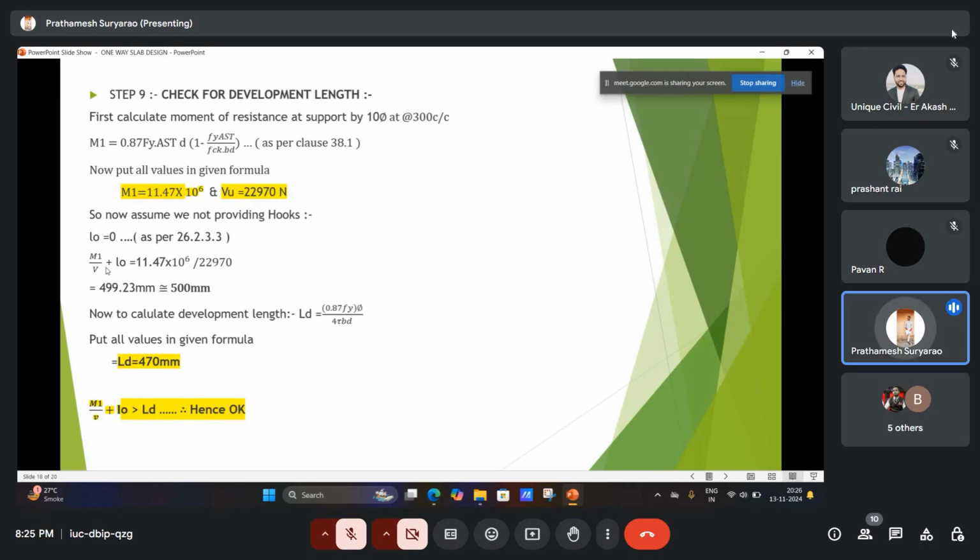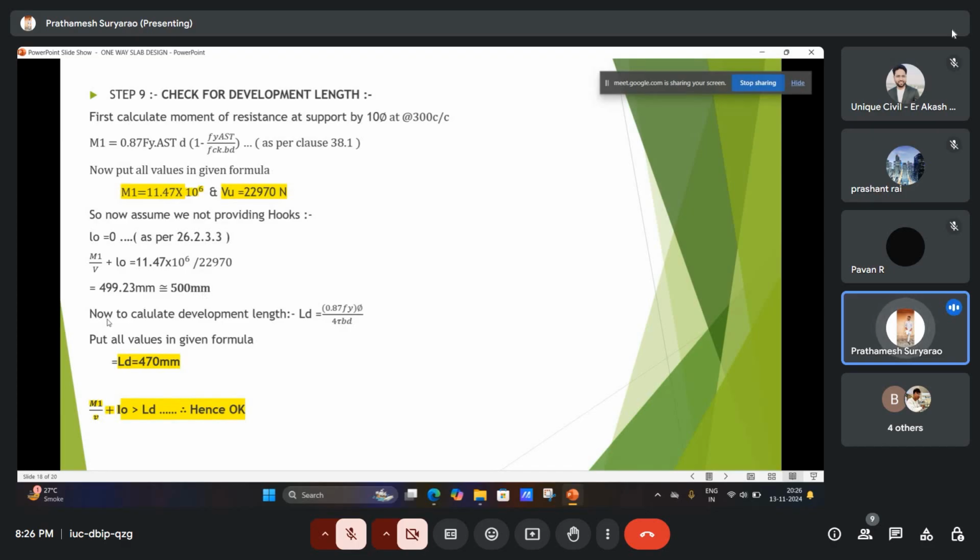There is a formula as per clause 26.2.3.3: M1 upon V plus L0. Putting all the values in this, we will get 499.23, which is equal to 500.